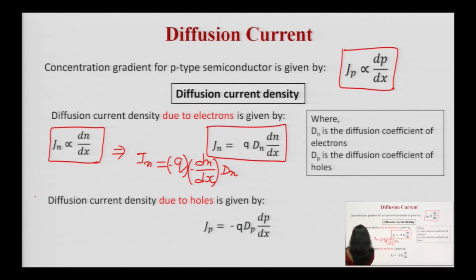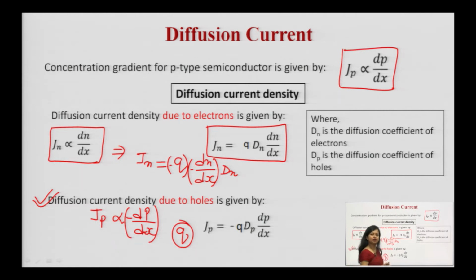Similarly, the diffusion current density due to holes. You know that Jp is directly proportional to dp upon dx. There is a decrease in this, so you have included a minus sign. Dp is the proportionality constant which you have included over here, and q is the charge on the hole.